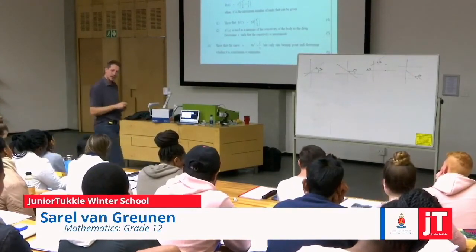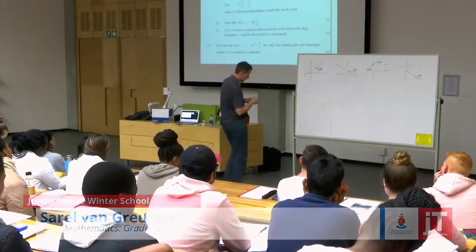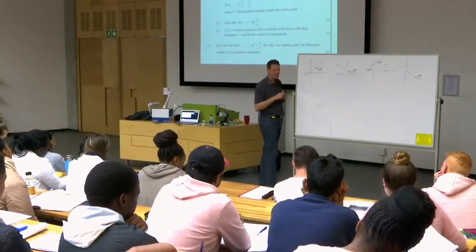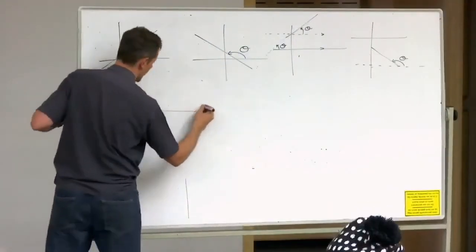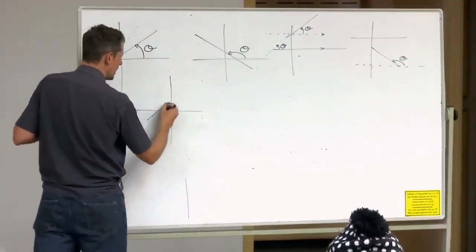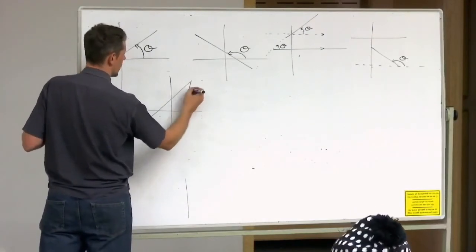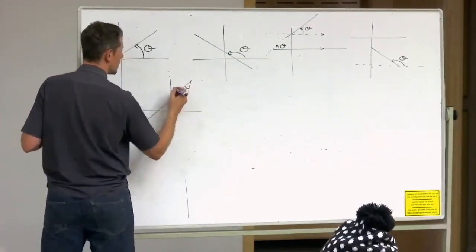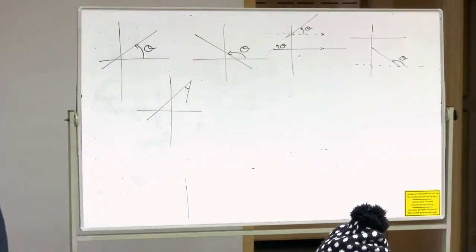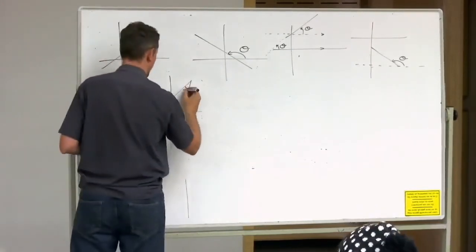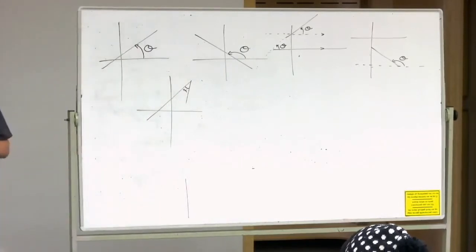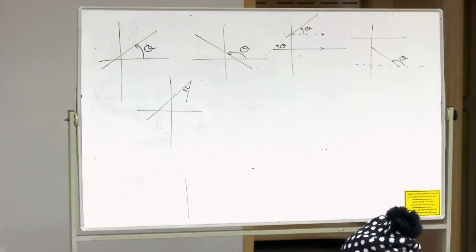The second tip, and this is the tip, I promise you, if you're going to use this tip, you're going to have success. The moment I ask you an angle between two lines, let's say this is alpha. Okay? And they ask you something about alpha. Which lines do alpha touch?